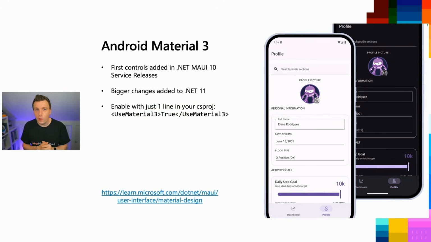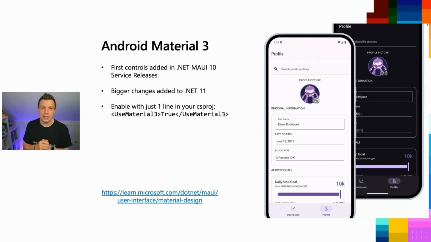Android Material 3. While we're on Android anyway, work is on the way to implement Material 3. The first controls are already added in .NET MAUI 10 through service releases. So we released the first major initial version of .NET MAUI 10 in November. But since then, roughly every month, we are doing service releases with new fixes, new features where we can, right?